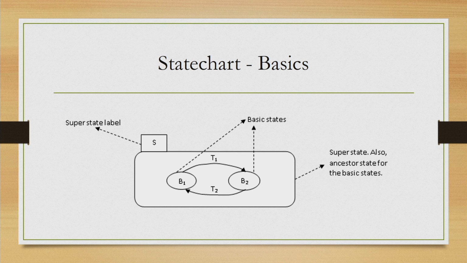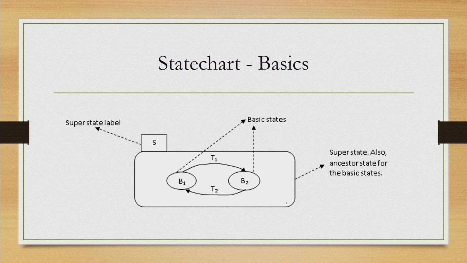The idea is illustrated in this diagram. Here, as you can see, this is the typical convention used to represent superstate, basic state and transitions. So, B1 and B2 are the basic states, and we can define transitions between them as shown here, T1 and T2.